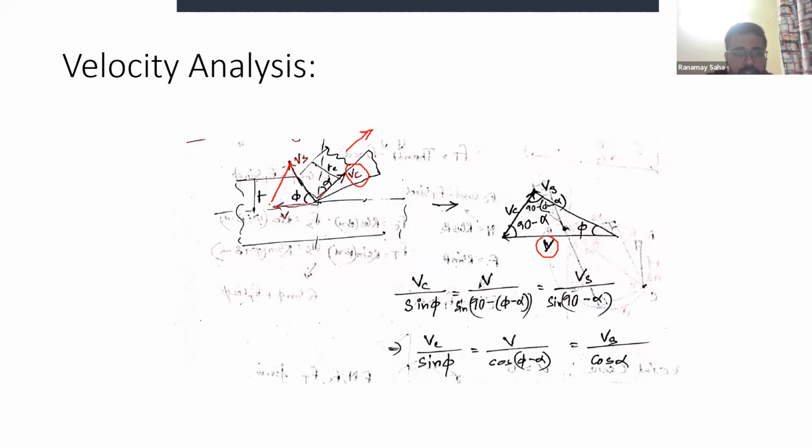Along this you take up your Vc, and Vs is where it remains. Okay, so here you have this angle is phi, you can see here. Okay, and then this one is alpha. So what happens to be this? This is again your 90 minus alpha, right?